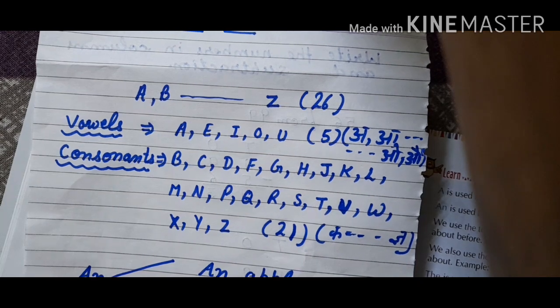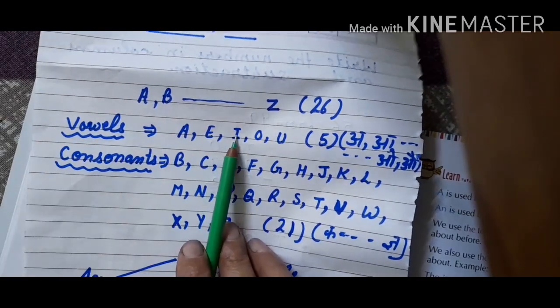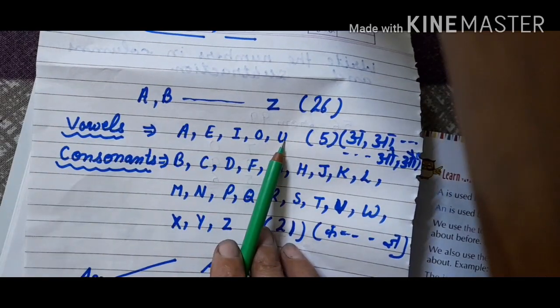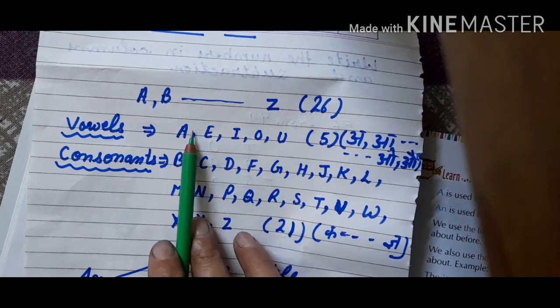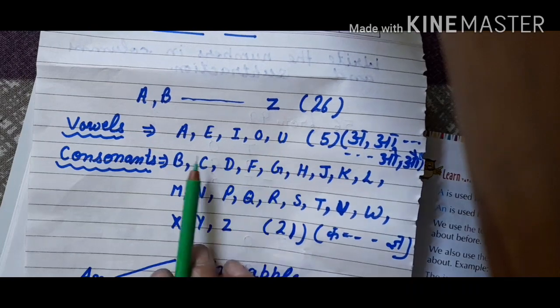Of these, the vowels are A, E, I, O, U. 5 vowels. How many vowels are there in the English alphabet? 5 vowels.